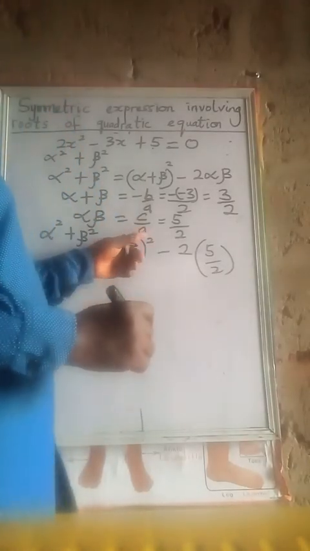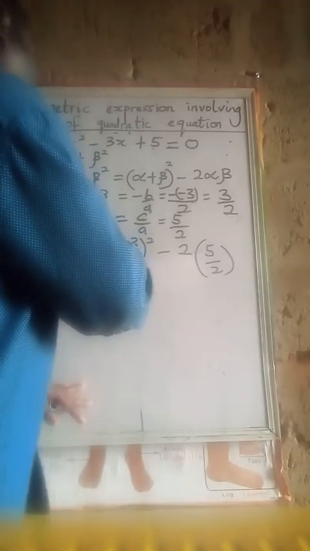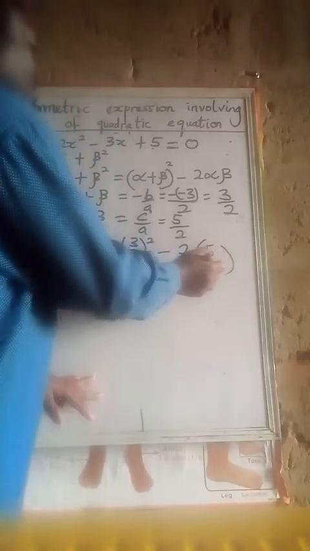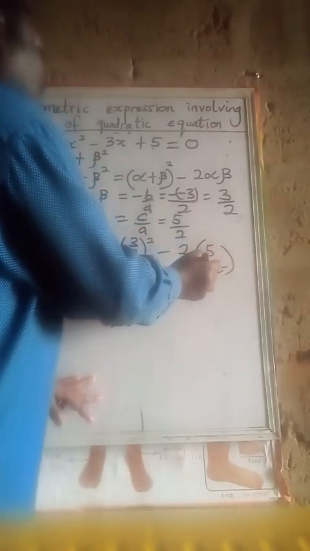Then this is equal to 3 square, that is 9, all over 2 square, that is 4. Then minus 2 times 5, 10, or let's use these 2 to divide this. 2 here 1, 2 here 1. So 1 times 5, that is 5 all over 1.